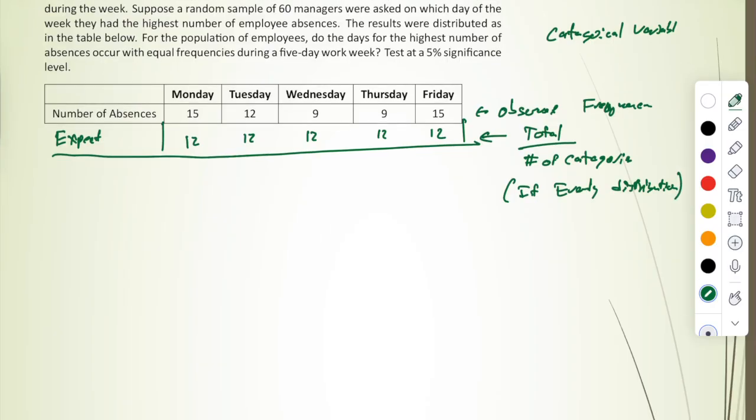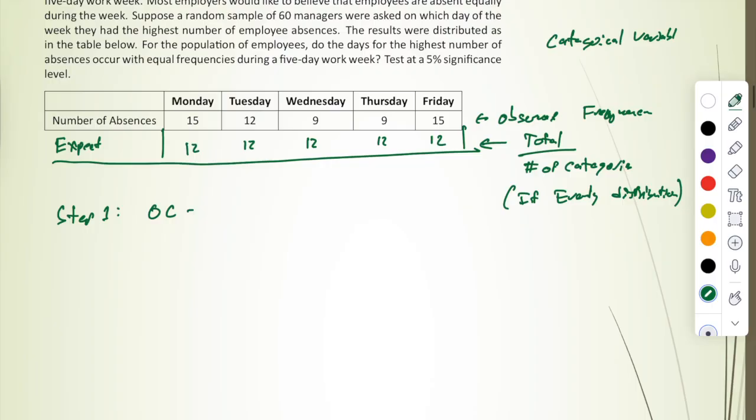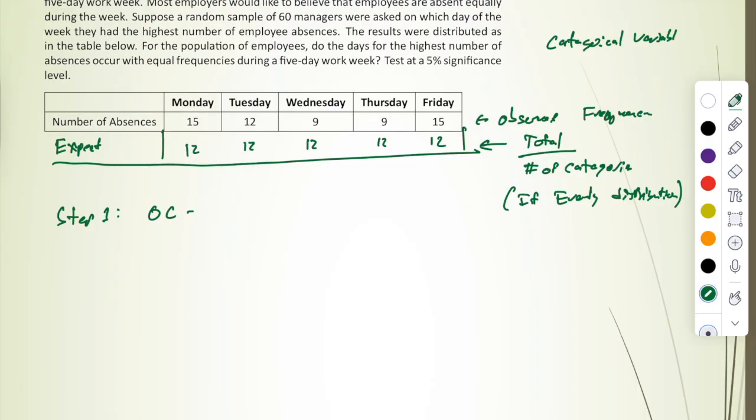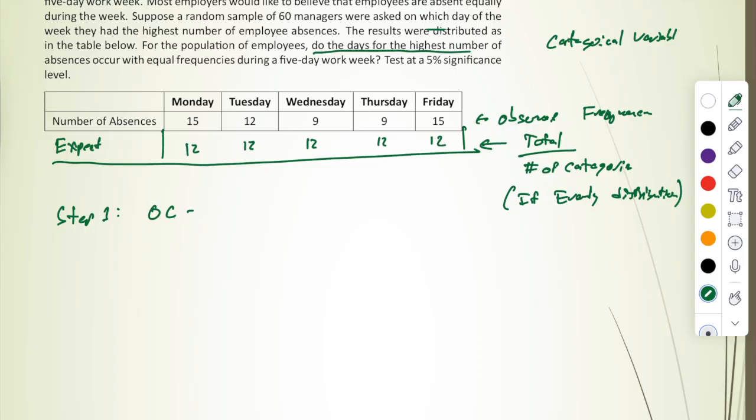Okay, so let's start in with step 1, the original claim. What's the original claim here? Do the days for the highest number of absences occur with equal frequency?